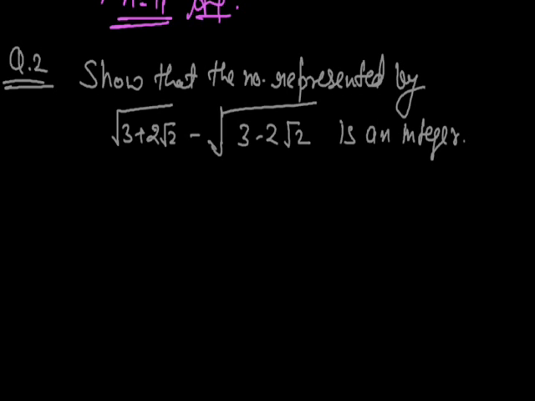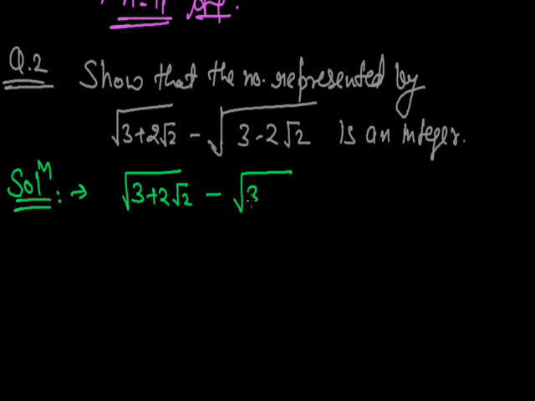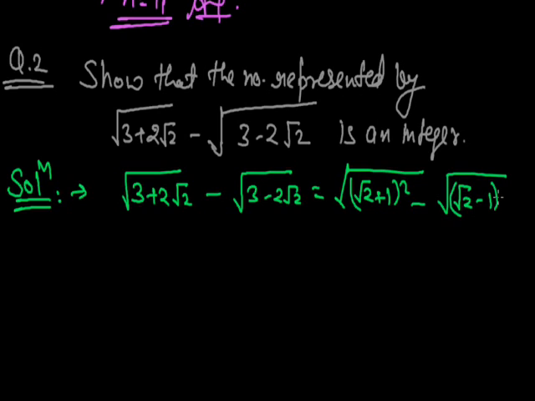To solve the given question, this may be given as square root of root 2 plus 1 whole square minus square root of root 2 minus 1 whole square. That means root 2 plus 1 minus root 2 minus 1, that is equal to 2, which is an integer.